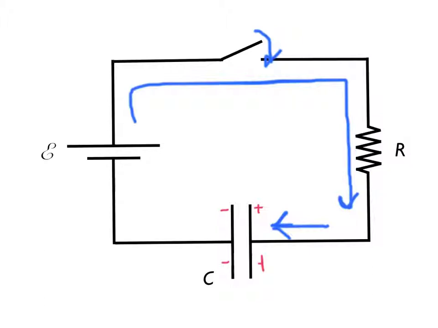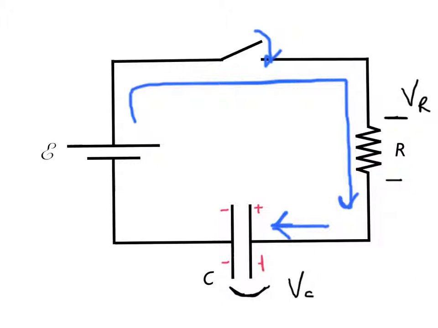But as that happens, that charging process is going to change the dynamics of the rest of the circuit, because once we've got a little bit of a voltage drop right here, that's going to change the voltage drop over the resistor. We could think of this as there being a voltage over the resistor, a voltage over the capacitor, and a battery voltage. And one thing that we know is that all those things have to add up to zero.